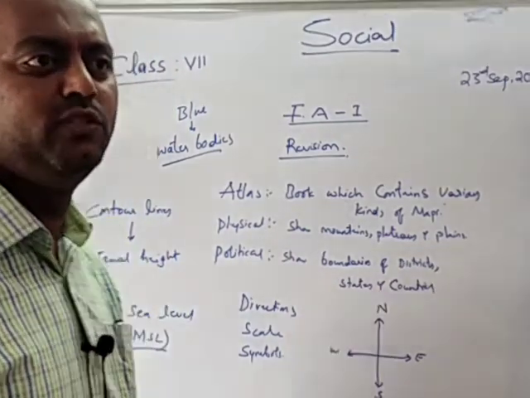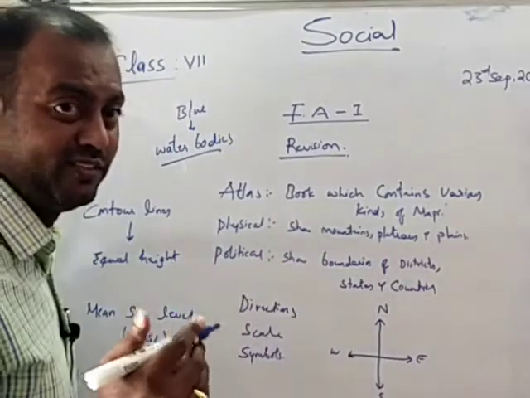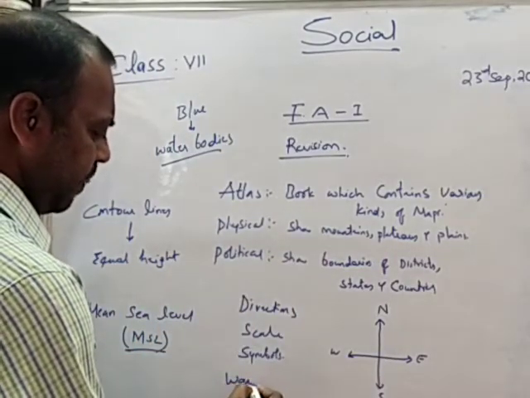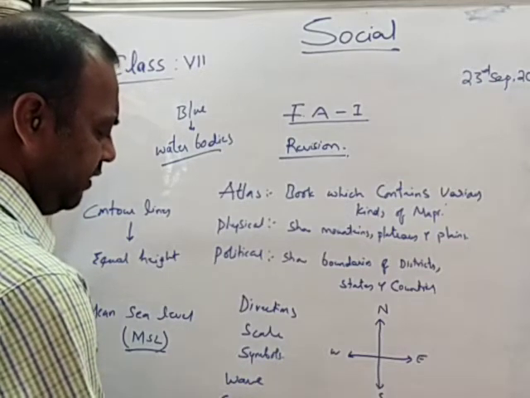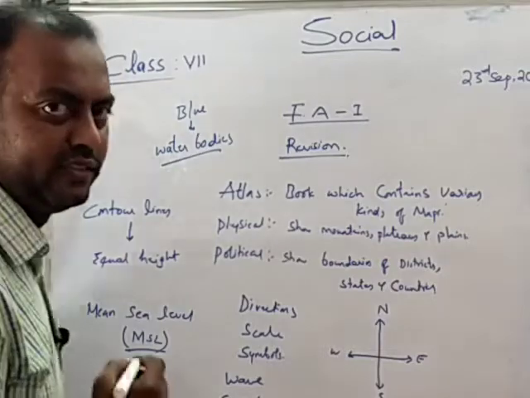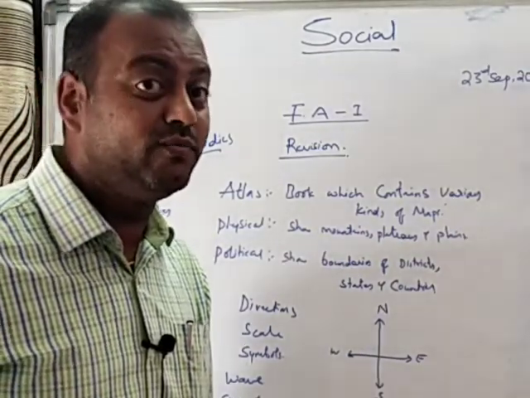As you have learnt, there are three important movements of the sea water, that is the oceanic water. One is wave, second is ocean current, and third is tide. This tide is nothing but the rhythmic rise and fall of the level of the oceanic water.